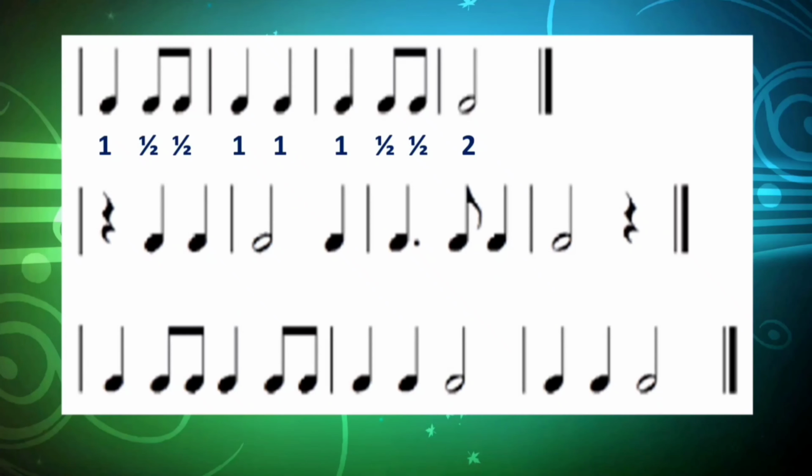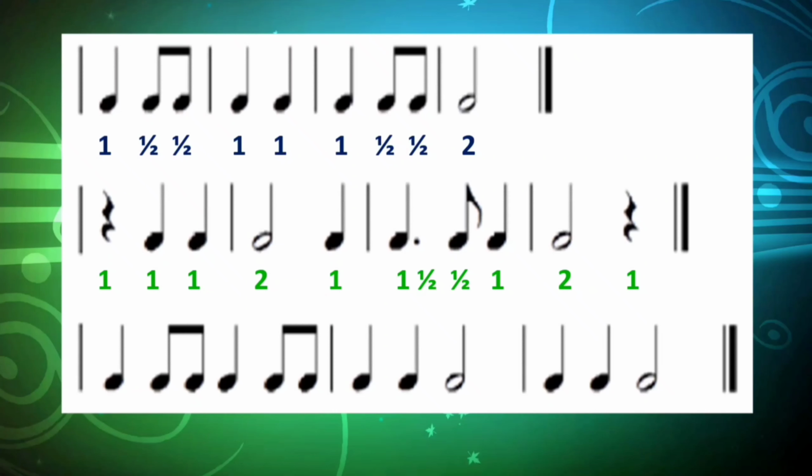Okay. Let's move on to the second example. How many measures do we have in example number 2? Okay, so let us count. In example number 2, we have 4 measures: 1, 2, 3, and 4. Let us count the number of beats in each measure.